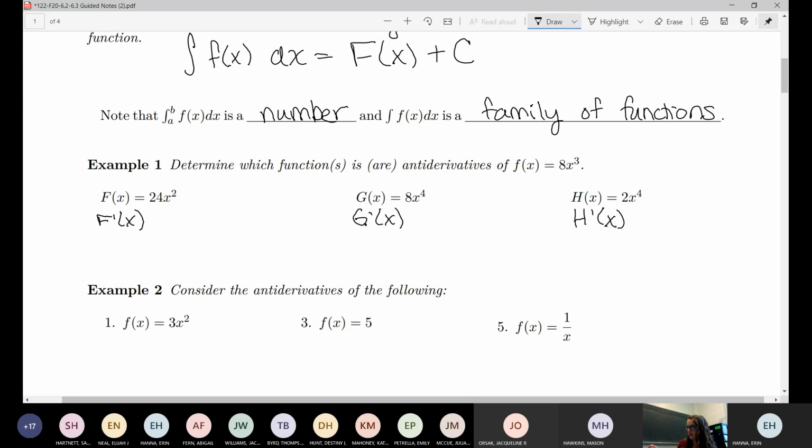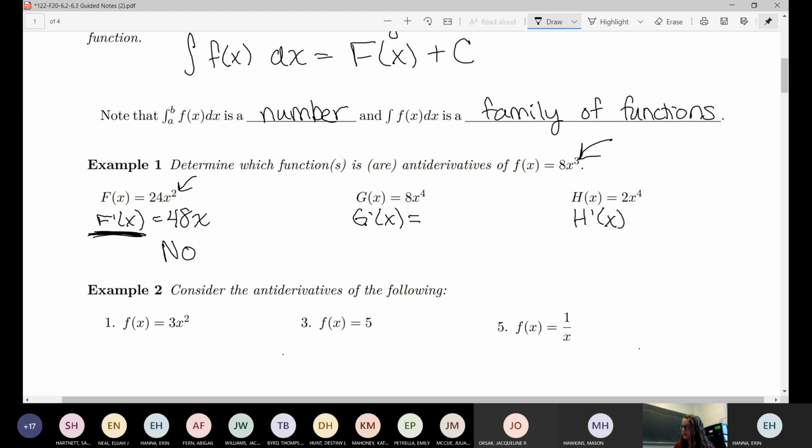Let's take all of their derivatives. If I take the derivative of 24x squared, I'm going to get 48x. If this 24x squared was an antiderivative of 8x cubed, this derivative I just took should be 8x cubed, and it's not. So that one's not an antiderivative.